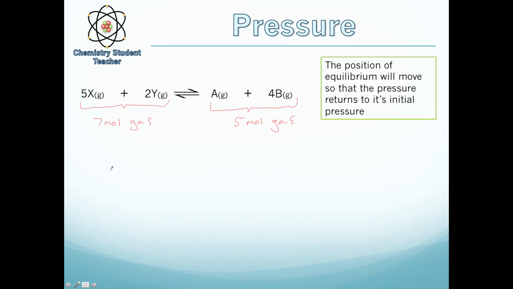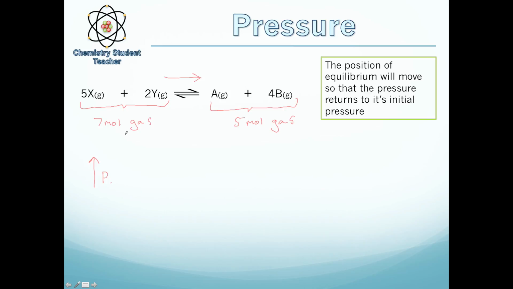Now, if we increase the pressure, suddenly we don't have the same pressure as before, and the system wants to move it back to the pressure that it was. How it does this is by producing fewer moles of gas. So the equilibrium actually shifts right in this case, because we've got 7 moles of gas going to 5 moles of gas. To decrease the pressure, we need to have fewer molecules hitting the surface of your container.